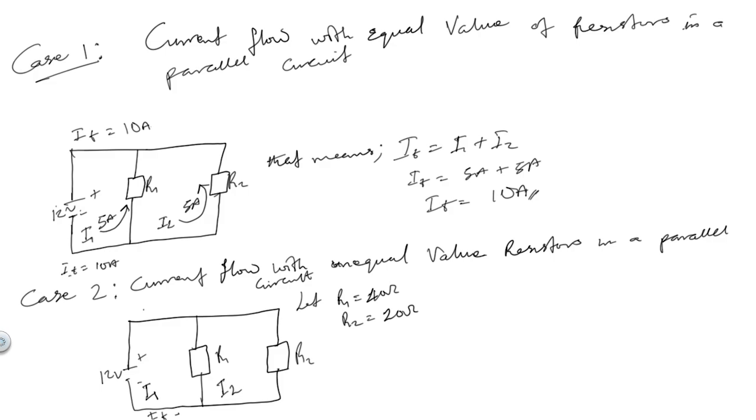You see the values are different, so the opposition of current flow will not be the same. So what do we do to find the opposition of current flow in each respective circuit, that's in the branch for I1 and the branch for I2?